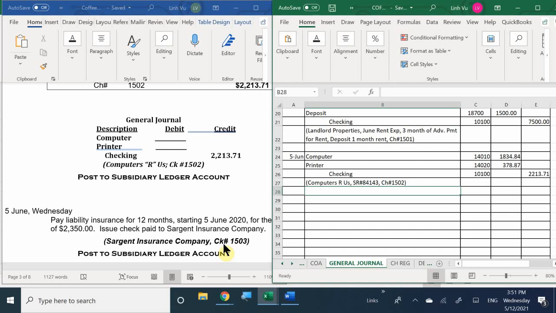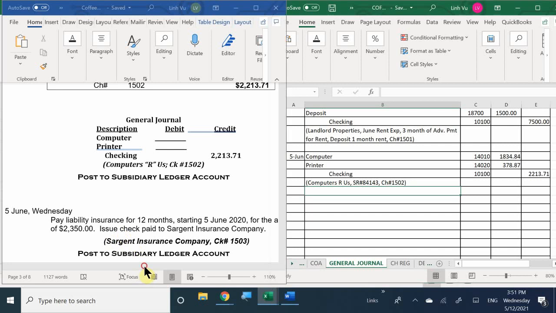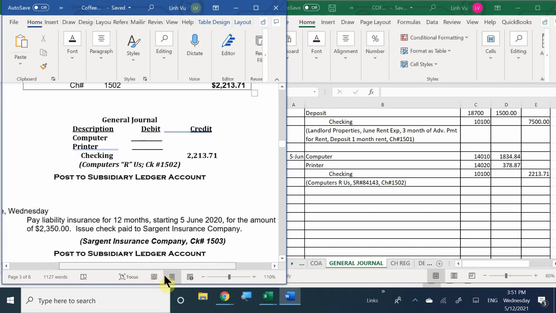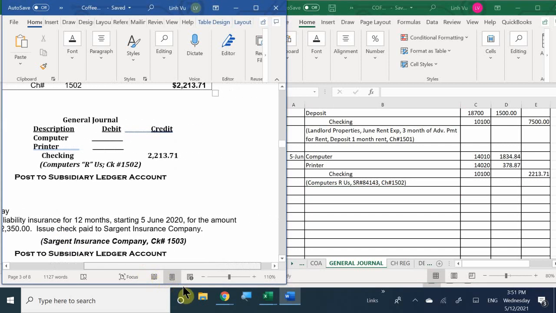But for this case, we're getting it from Sargent Insurance, okay? Let's take a look here. They offer us a 12-month insurance plan that's going to be effective as of June 5th of 2020. So it's going to be effective immediately, because that's what insurance usually does.